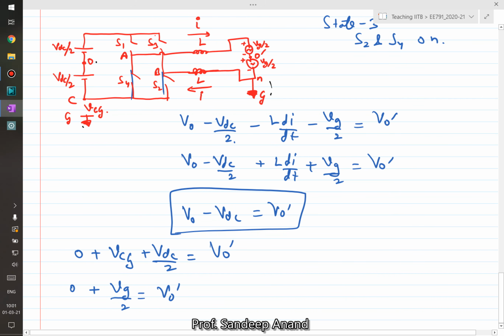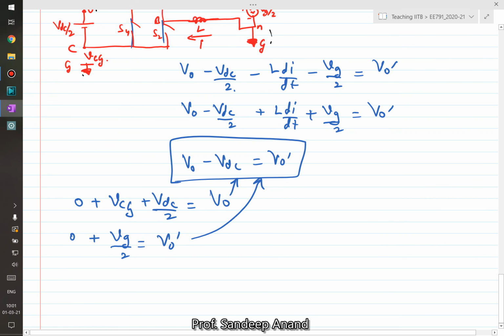If I substitute both of them into this equation, this is the resultant thing that we get: VCG plus VDC by 2 minus VDC is equal to VO prime. VO prime is nothing but equal to VG by 2. So I get VCG as VG by 2 minus VDC by 2.